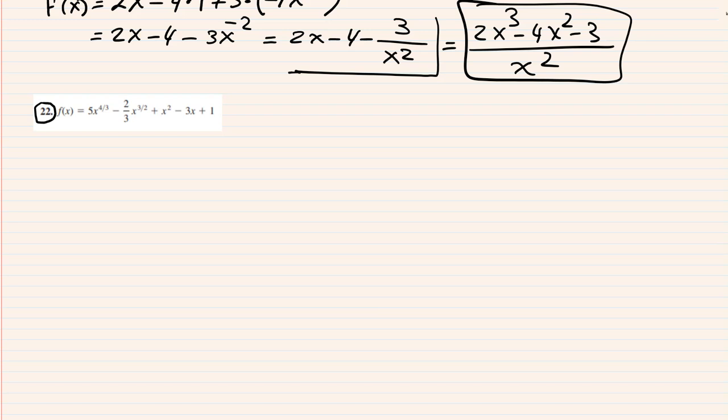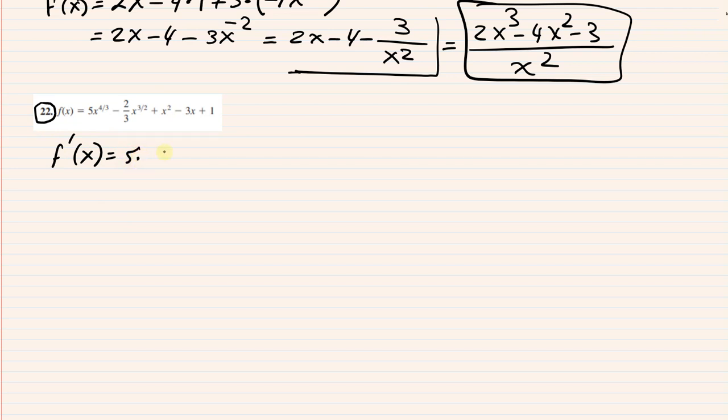So for this one, again, we have a combination of constant multiples. These are the constant multiples. And then we have a combination of subtraction and addition of terms. So remember, the derivative of a sum or difference of functions is going to be the same as the difference or sum of the derivatives of the functions. So f prime of x is going to be, constant multiple is here, 5.